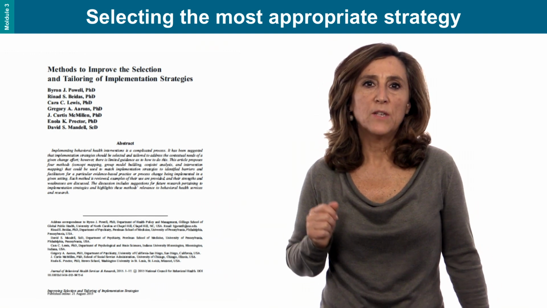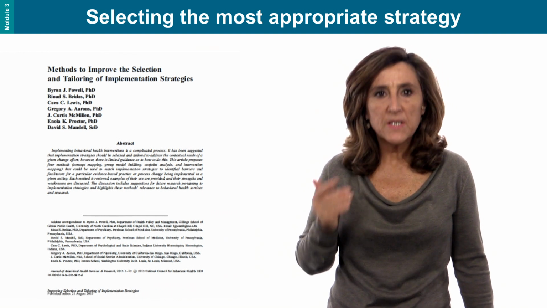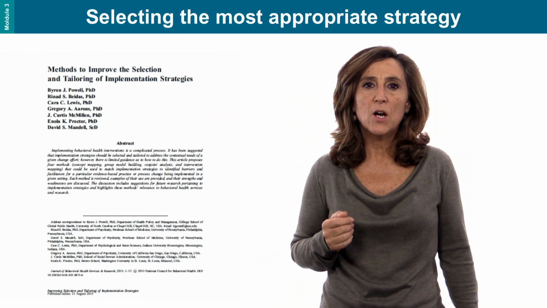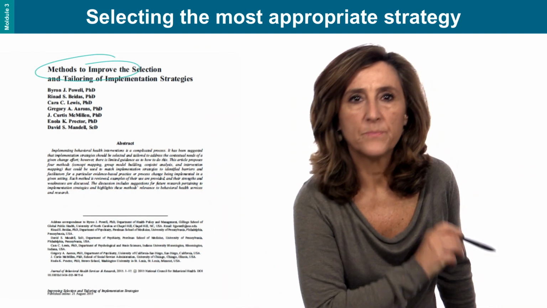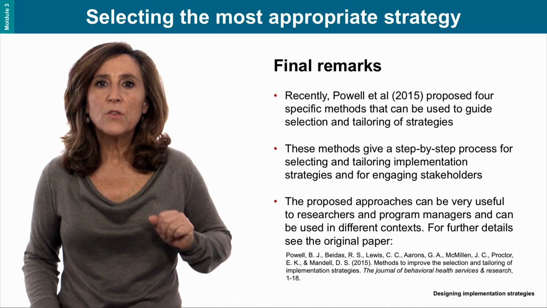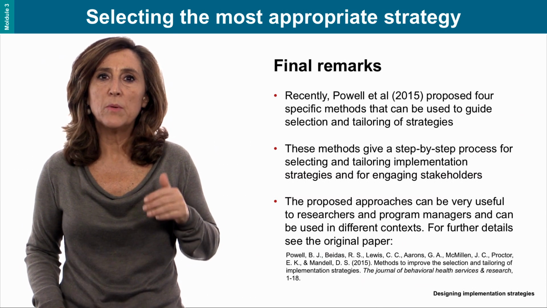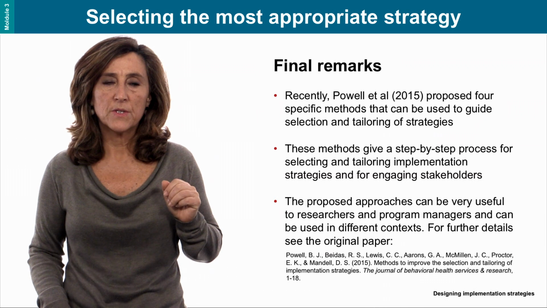Finally, I would like to bring your attention to a very recent study where specific methods are proposed to improve the selection of implementation strategies. In this paper, the authors propose a step-by-step process for selecting implementation strategies, but also for engaging stakeholders.